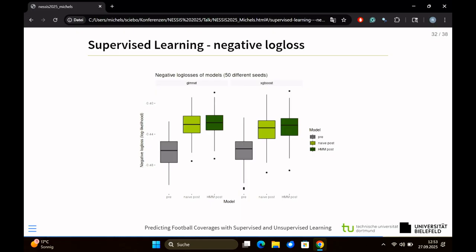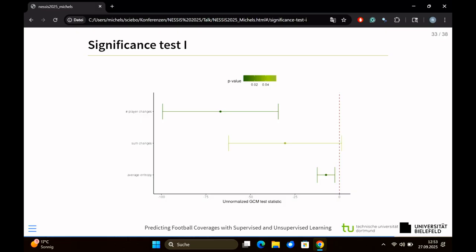So, well, is there really a difference? Well, yes, because we can use the things that Robert explained in the morning session, namely the statistical tests. Using these statistical tests, we can see that the number of player changes and the average entropy are both statistically significant additions to the naive pre-snap motion features.